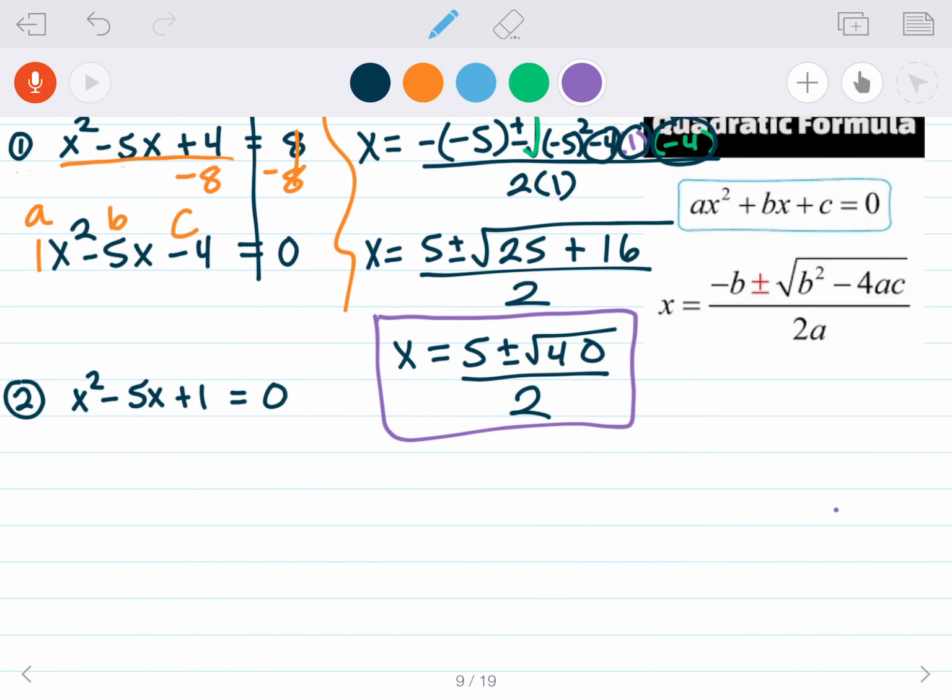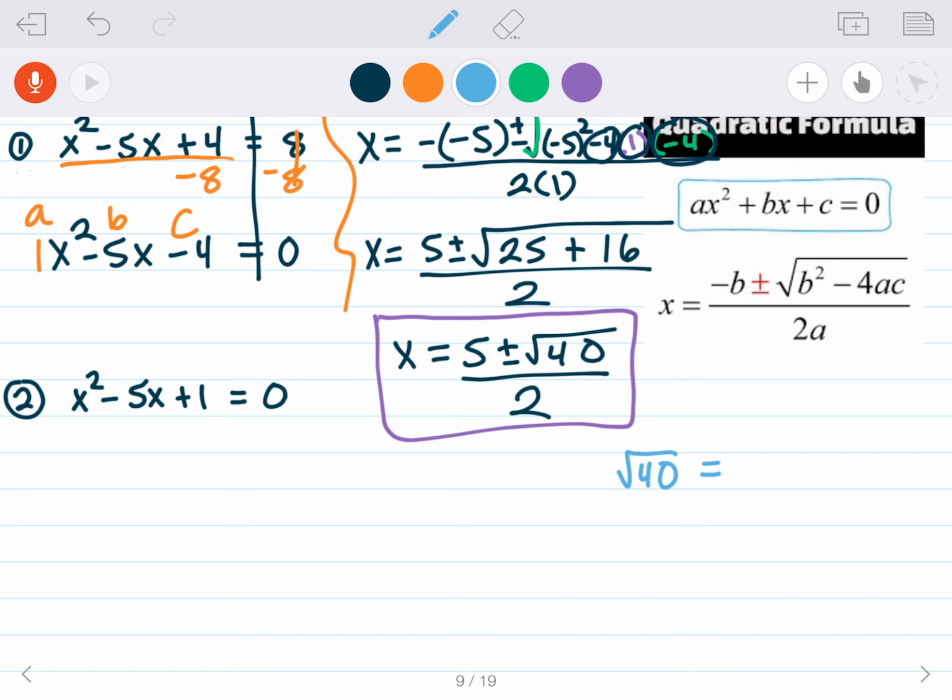Now, you can simplify this a little bit, and I want to show you how. I'm not going to bang on about this too much, but I do want to show you how we can simplify numbers under the radical. So for the square root of 40, you want to find a number that is a perfect square.